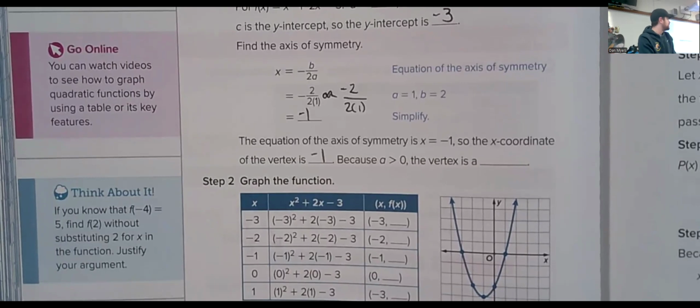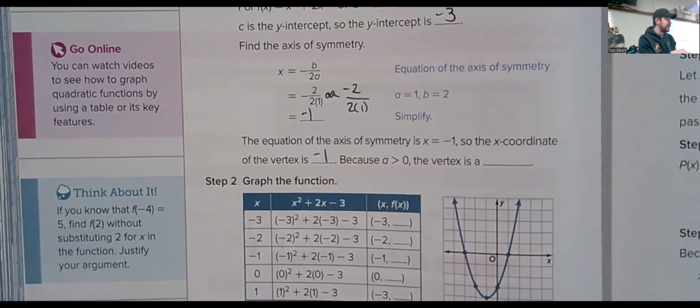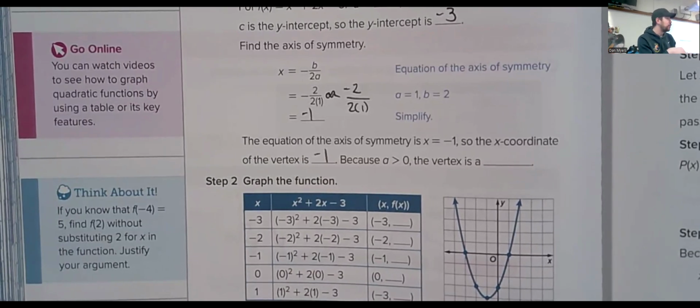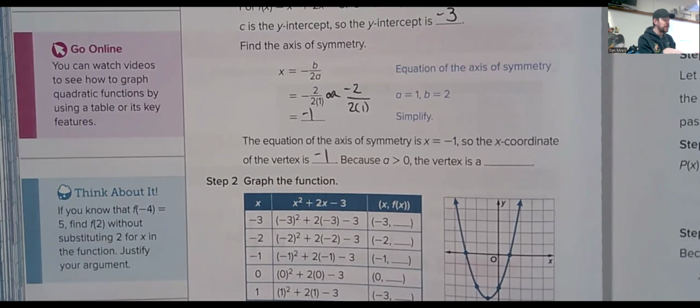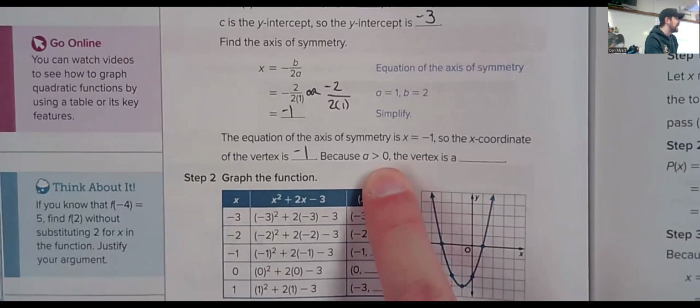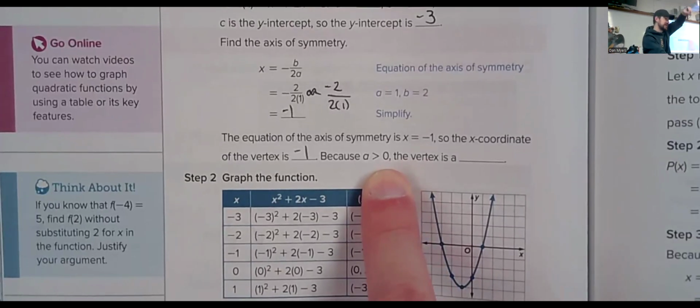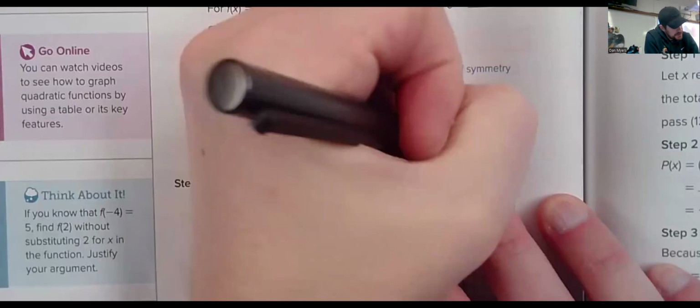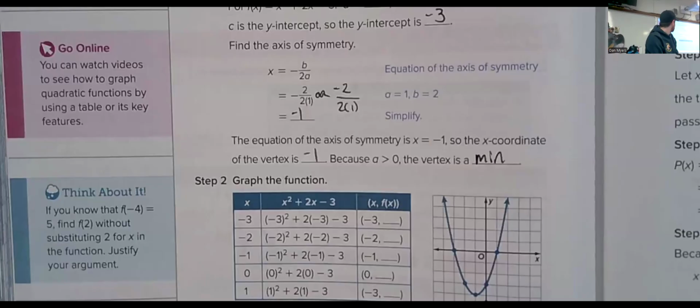And the last thing we're going to determine before we actually start plotting points is determining what the vertex is. Is it a maximum or a minimum value? So because a is greater than 0, a is a positive number, it opens up like a normal U, which means the vertex is a maximum or minimum. Minimum, it's at the bottom. So I'm just going to write min for minimum.